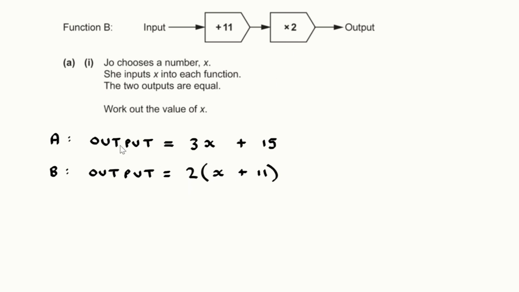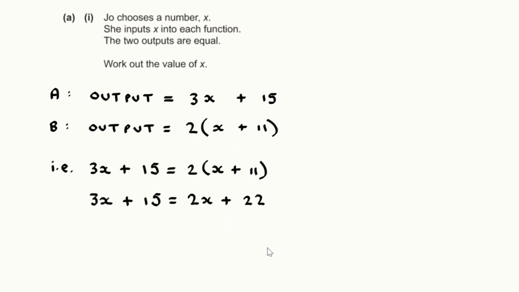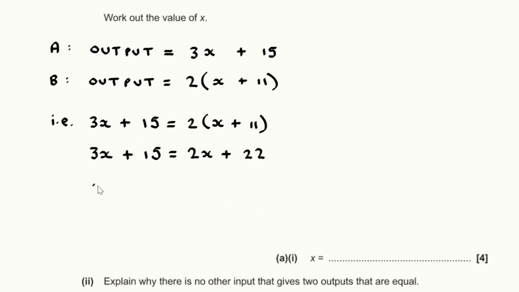What we know is that the two outputs are equal, so I've got 3x plus 15 equals 2 lots of x plus 11. 3x plus 15 equals 2x plus 22. So I've got 1x, which is equal to 7.